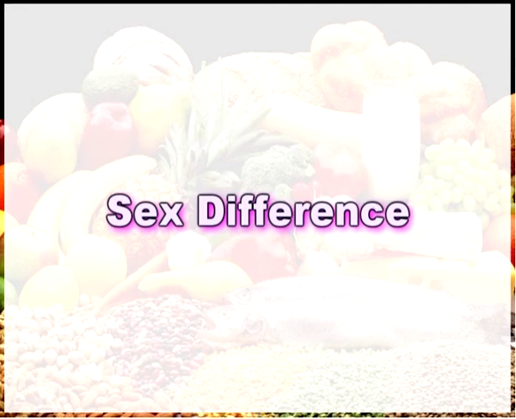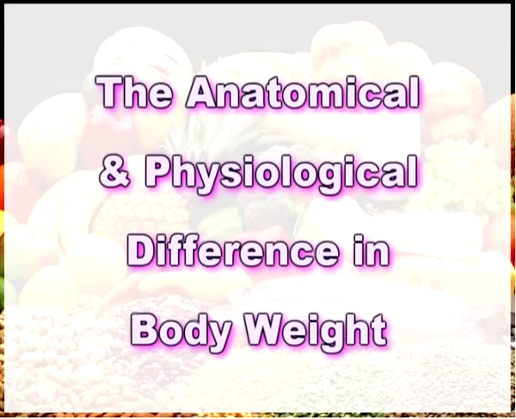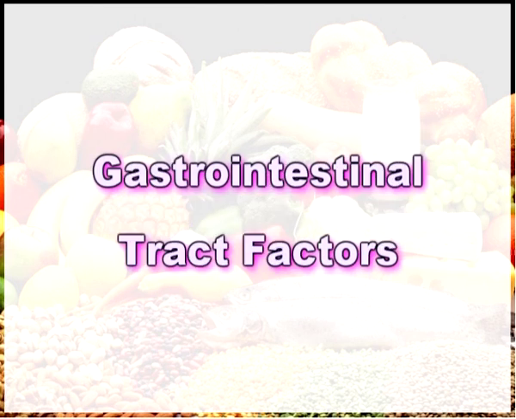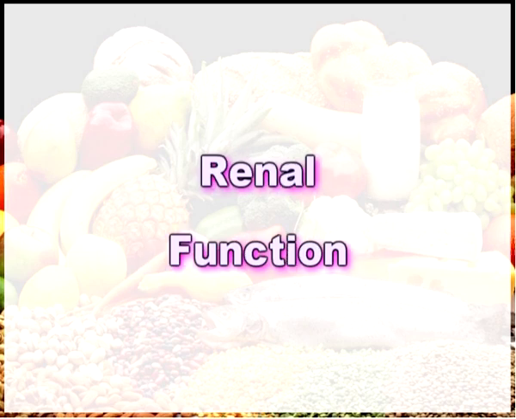Now we will discuss sex difference on the interaction capabilities of drug. The biological difference of male and female affects the action of many drugs. The anatomical and physiological difference mainly occurs in body weight, body composition, gastrointestinal tract factors, liver metabolism and renal function.